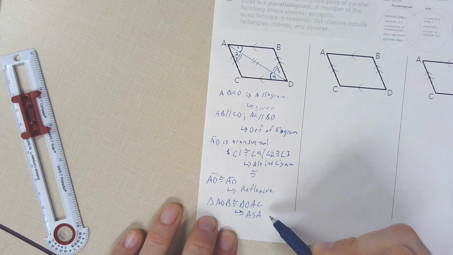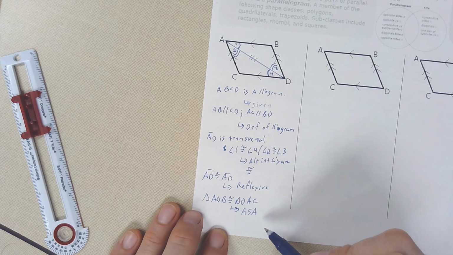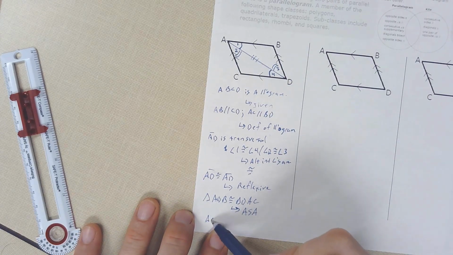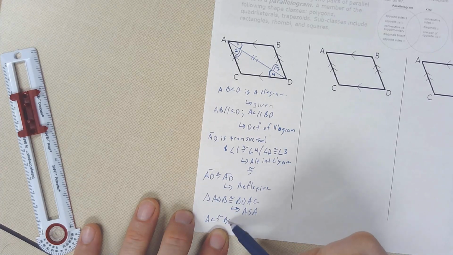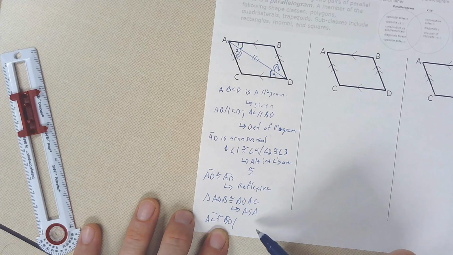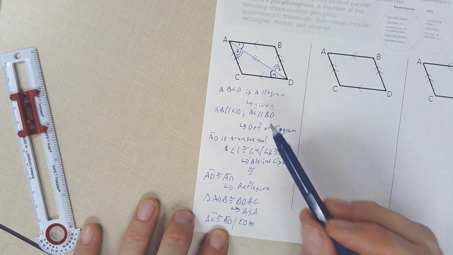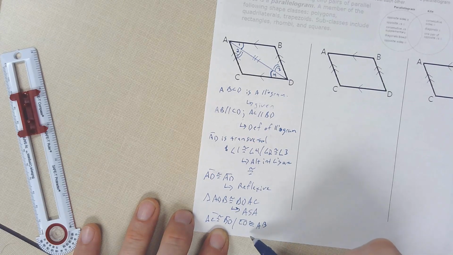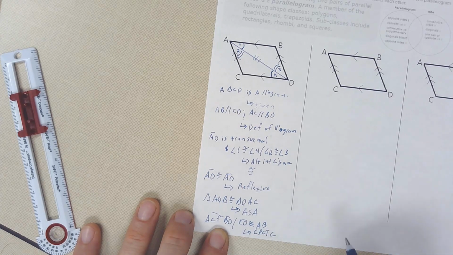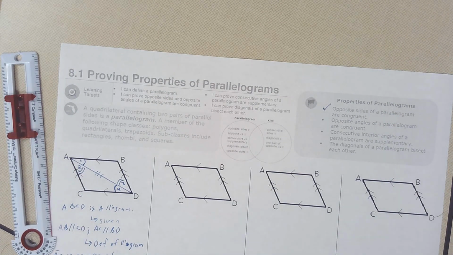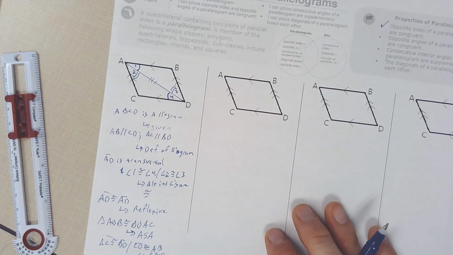And if that's true, then I can say that the corresponding sides AC is congruent to BD, and CD is congruent to AB, because of my good old corresponding parts of congruent triangles are congruent. So that is that one there. Opposite sides of parallelograms are congruent. That marks that one off.